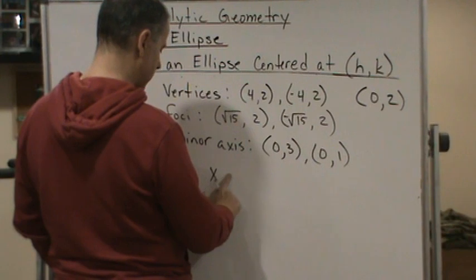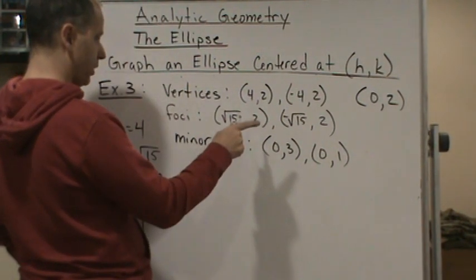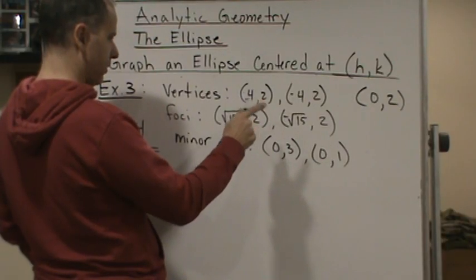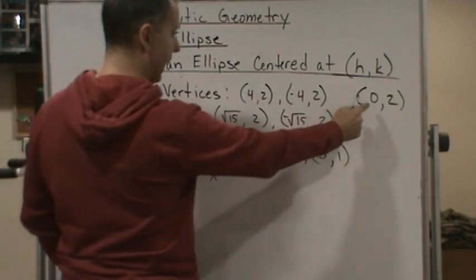Yeah, the center is at 0, comma 2. So that means h is 0.